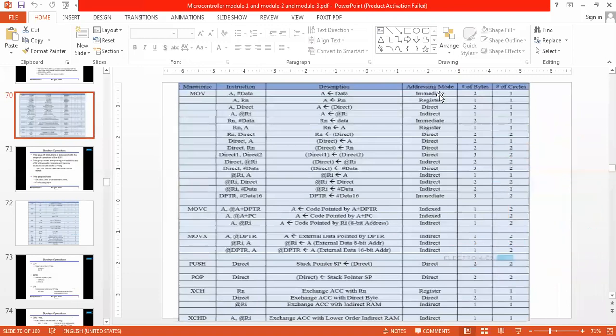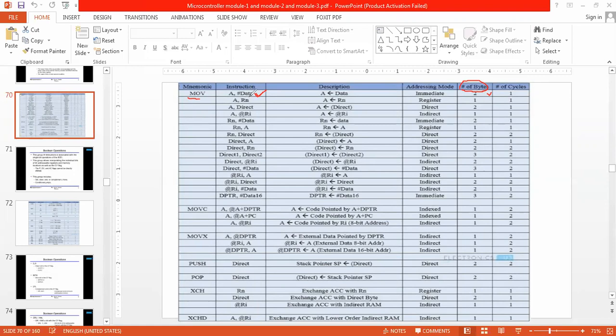See, the move instruction is there: move A comma hash data. So direct data is being given. Number of bytes means the size of this instruction. So 2 bytes of memory locations are used to store move A comma hash data.